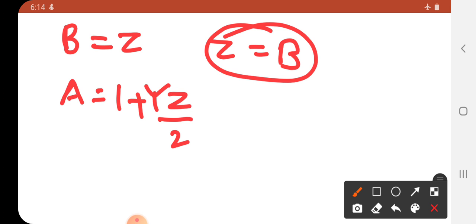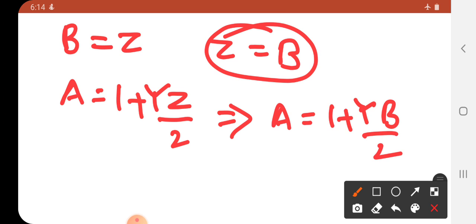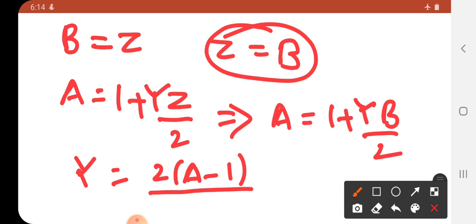Now substitute B in the place of Z. Then A is equal to 1 plus Y into B by 2. So hence Y is equal to 2 into (A minus 1) by B. So if you have the values of ABCD, then you can easily find out the series impedance and shunt admittance of the transmission line.